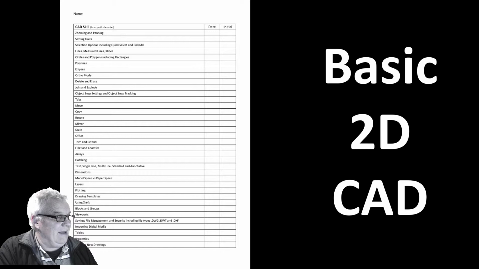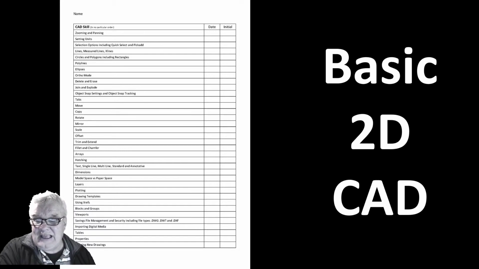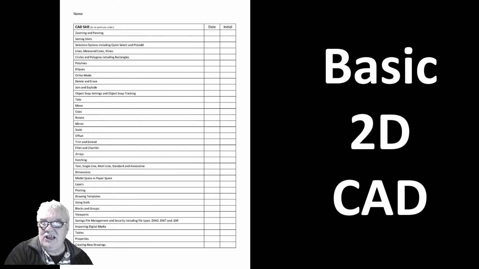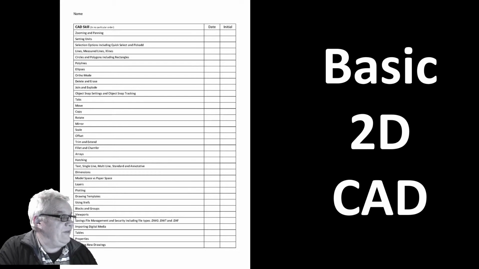So within the assignment you've actually learnt CAD from scratch, and this should be taken into account. This is why more time has been allocated to it, so that a lot of the time allocated to the basic 2D CAD assignment has actually been for the learning of the skills.